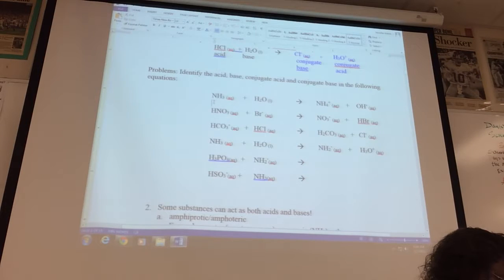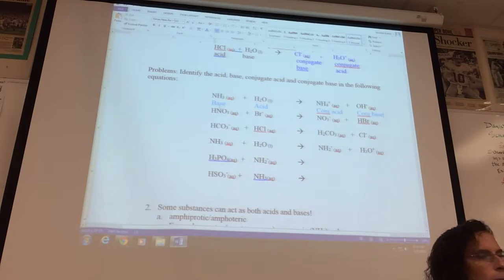So as Chloe said, this is a base. A base reacts with an acid, and the base forms the conjugate acid, and the acid forms the conjugate base.